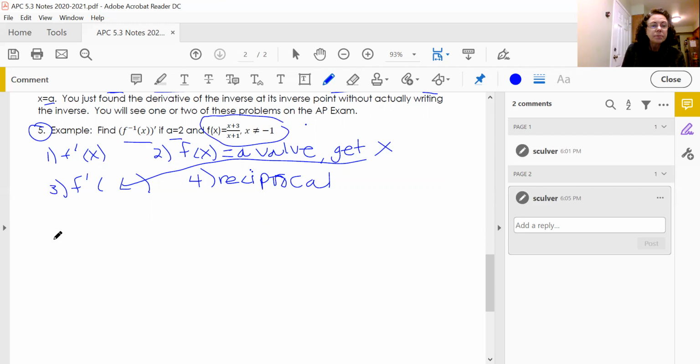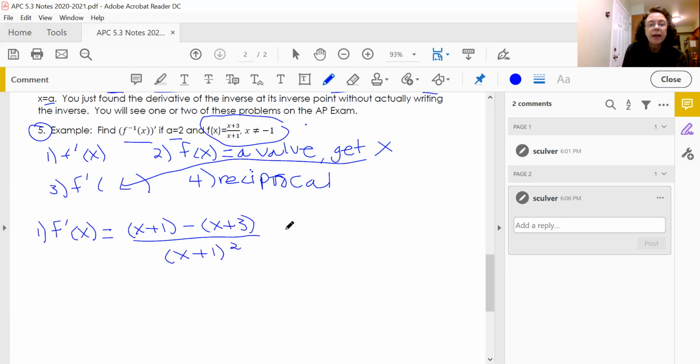Here we go. Number 1, let's find the derivative, using the steps above. Again, as soon as I see this on the AP exam, I almost look away and run these steps through in my mind, 1, 2, 3, 4, so I can have a clear path because it gets confusing. Okay, the derivative, quotient property: the derivative of the numerator is 1 times the denominator, minus, I keep my numerator and multiply it by the derivative of the denominator, which is 1, all over the denominator squared.